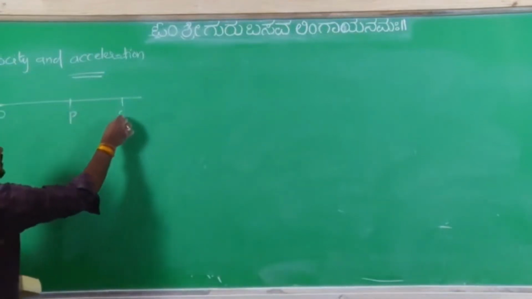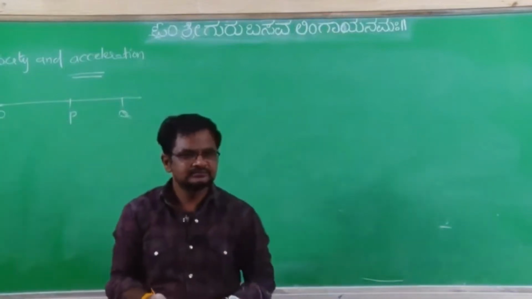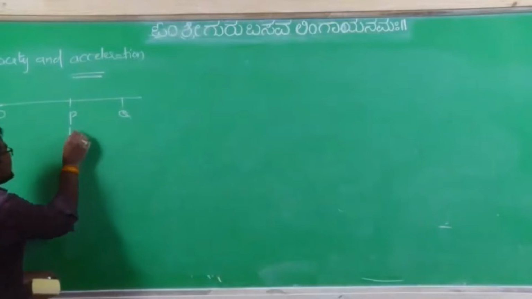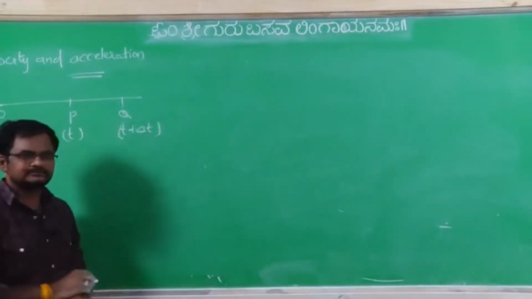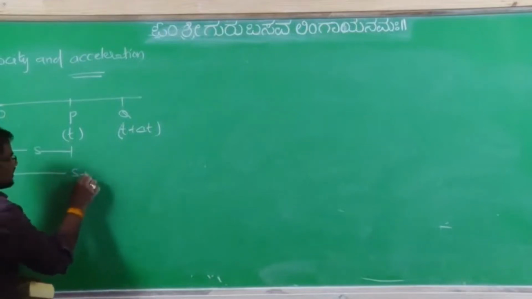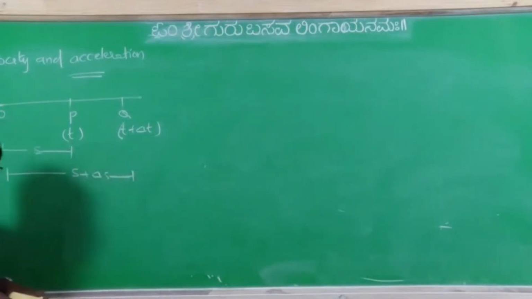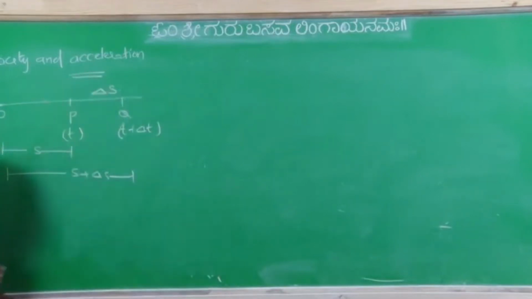P and Q are positions of the particle at times t and t plus delta t. Now take the distance OP as s and the distance OQ as s plus delta s.